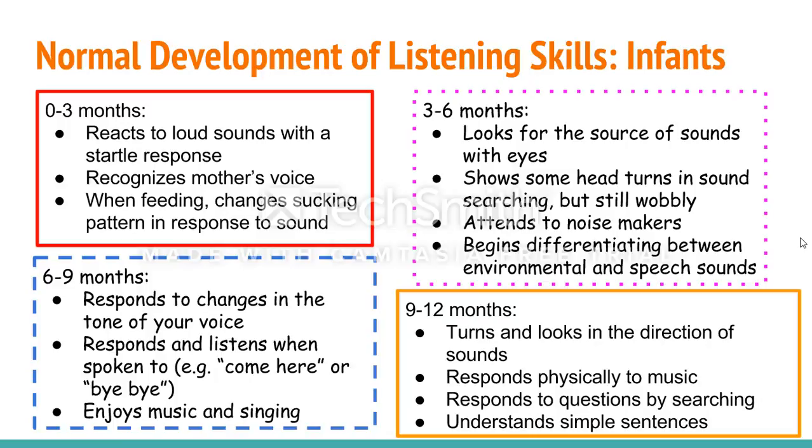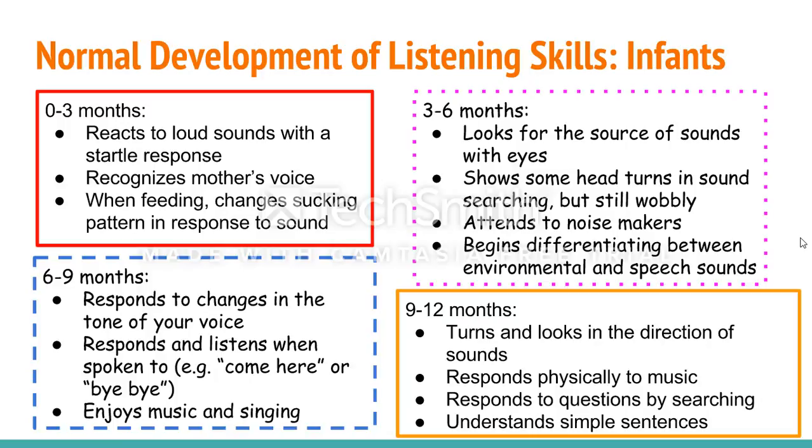Your baby will begin differentiating between environmental and speech sounds. This skill is very important for the child's development of speech and language. If a child cannot clearly hear and recognize the speech sounds, he or she will not be able to learn how to make those sounds. The child needs that input to be able to learn language.